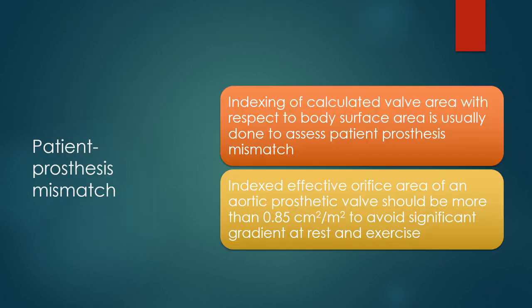Indexing of calculated valve area with respect to body surface area is usually done to assess patient prosthesis mismatch. Indexed effective orifice area of an aortic prosthetic valve should be more than 0.85 square centimeter per meter squared to avoid significant gradient at rest and exercise.